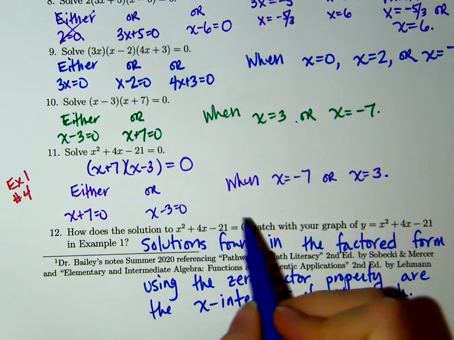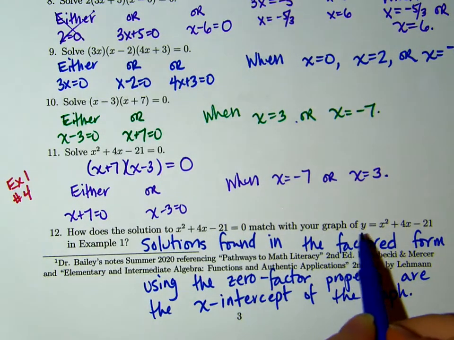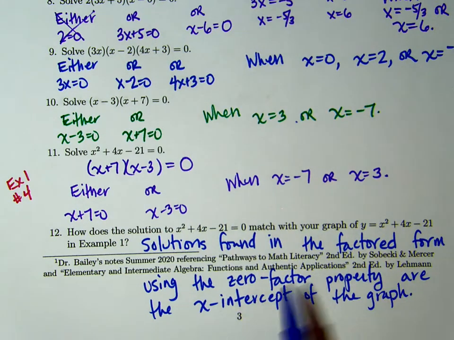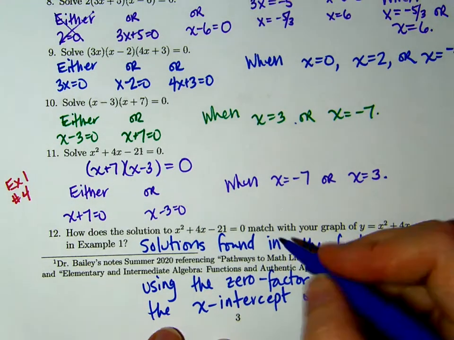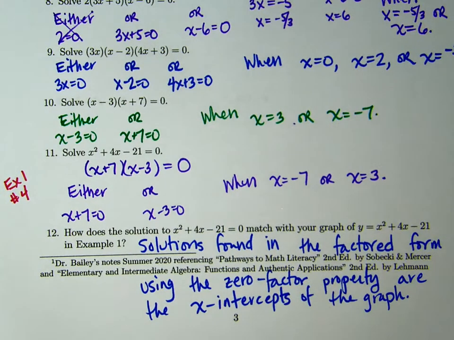So instead of having it equal 0, having it equal y and graphing it, those are the same. The solutions found by the factor form using zero factor, same as the x-intercepts of the graph.